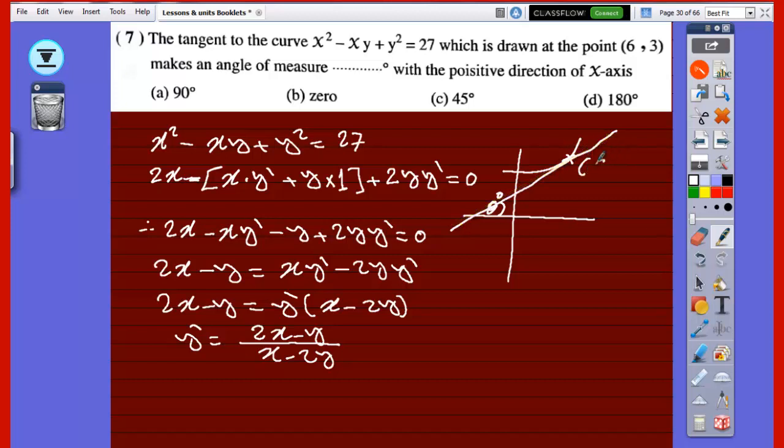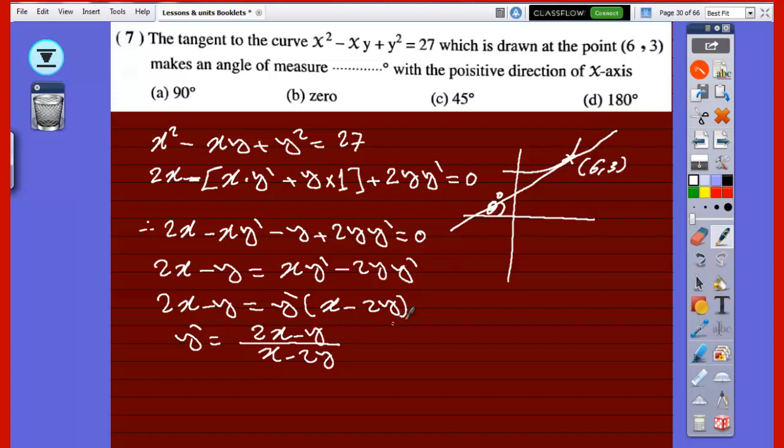Here is the point (6, 3). Of course, on this curve we have an infinite number of points, and here is the slope of the tangent at a certain point. What is this point? It's (6, 3).